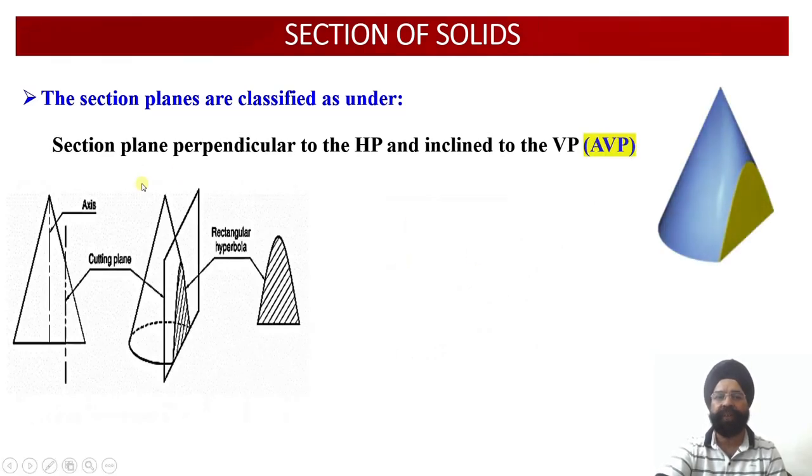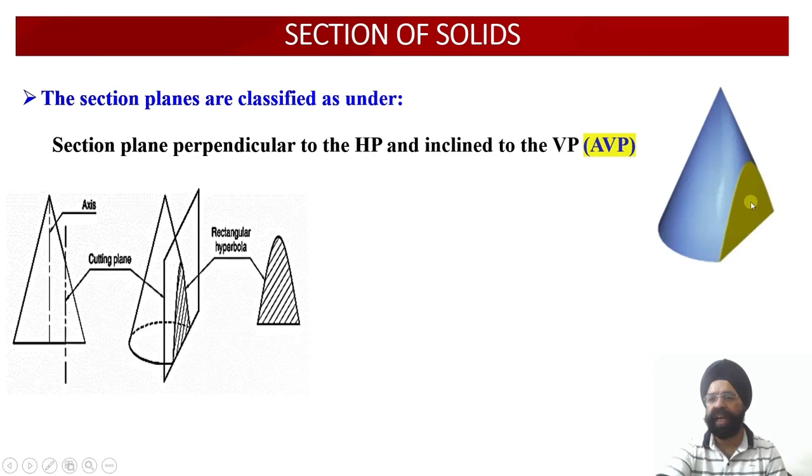Now here we have a cone, and this cone is being cut by a cutting plane which is inclined to the vertical plane, and is perpendicular to the horizontal plane. Since it is being cut in the top view, this is the remainder portion of the cone left available to us.